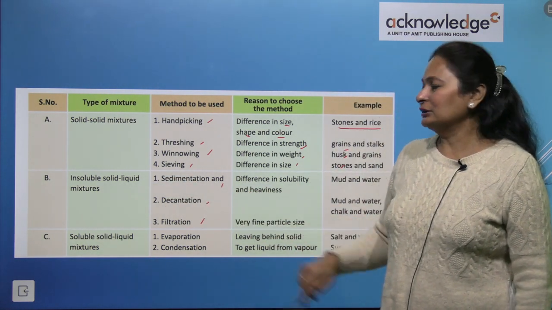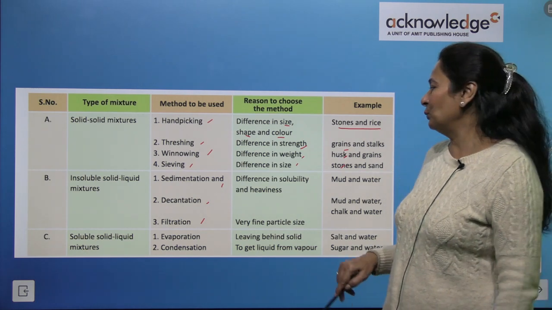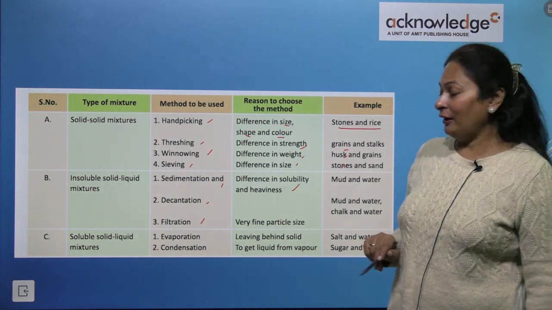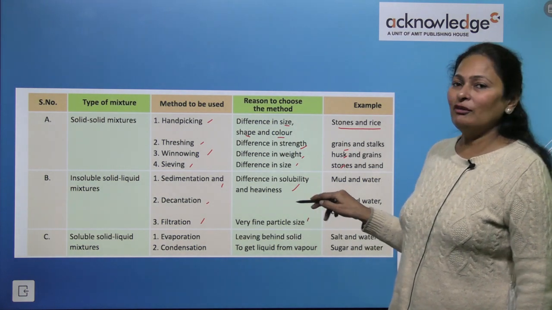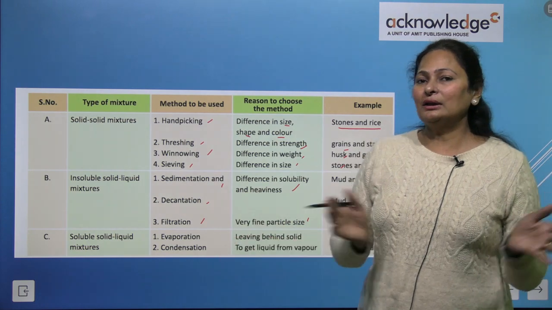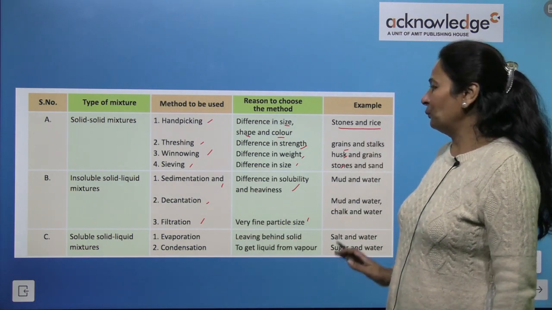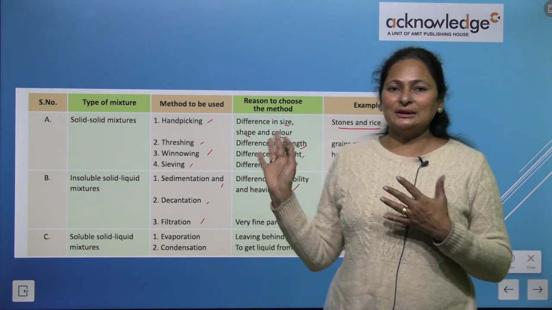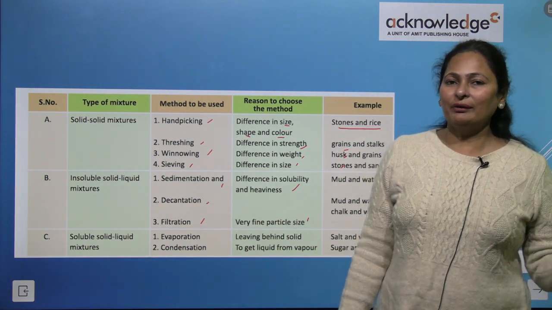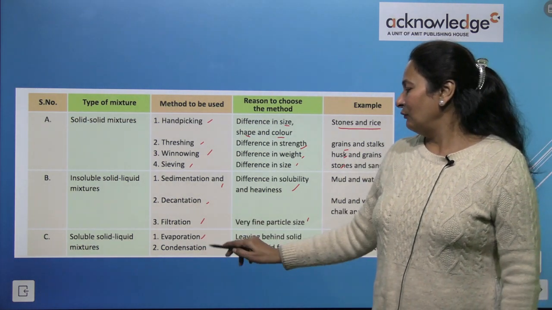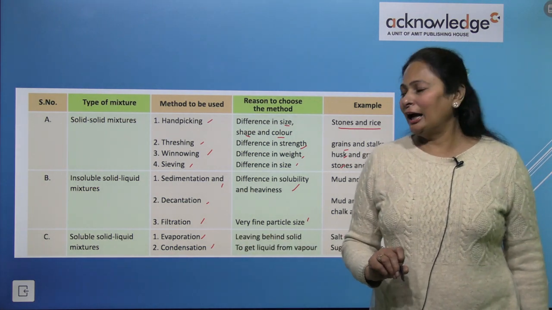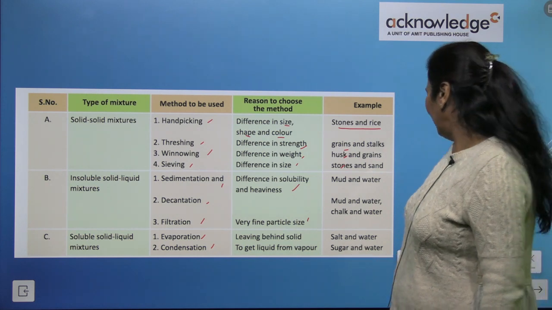Now the next is insoluble solid and liquid mixtures. Sedimentation, decantation and filtration can be used, because there is a difference in solubility and heaviness. Very fine particles you can separate with the help of filtration. What we can separate, you can see in the examples. Now for soluble solid with liquid mixtures, we can separate them with the methods of evaporation and condensation, right?